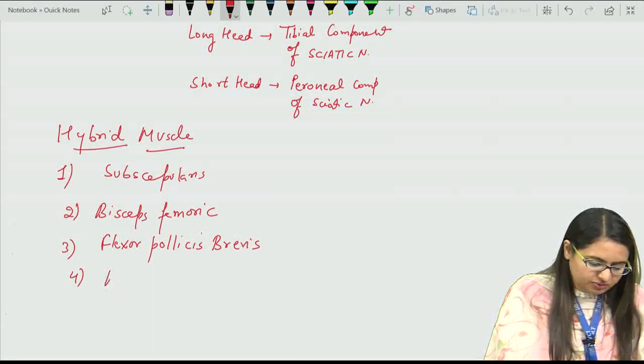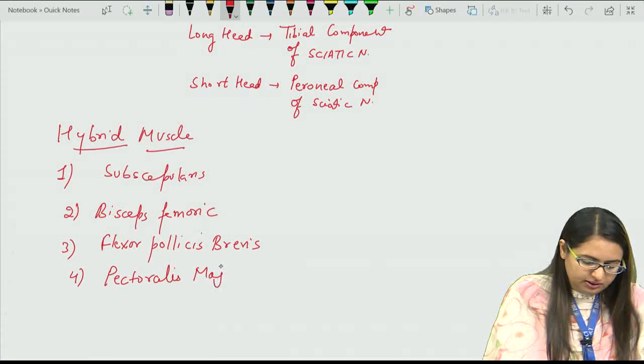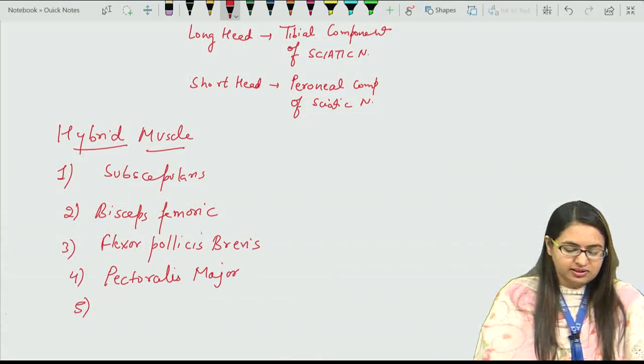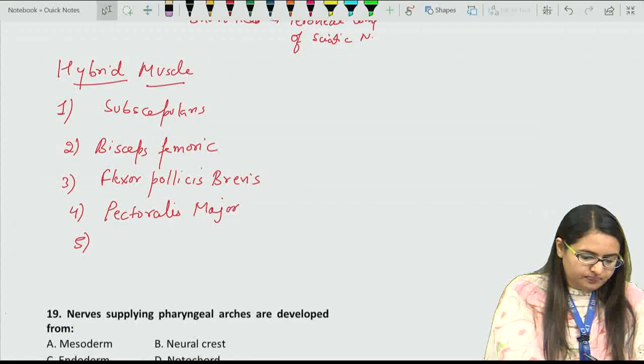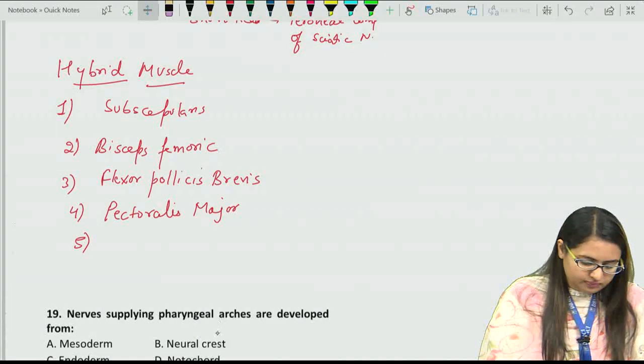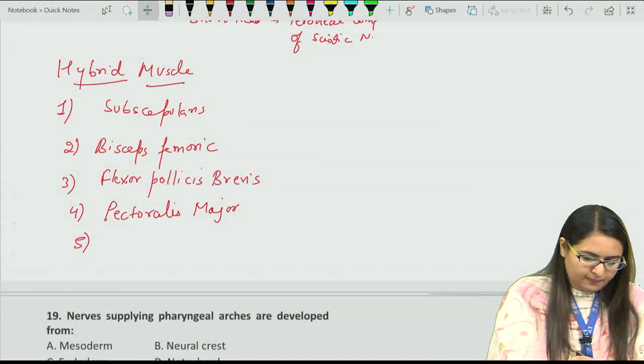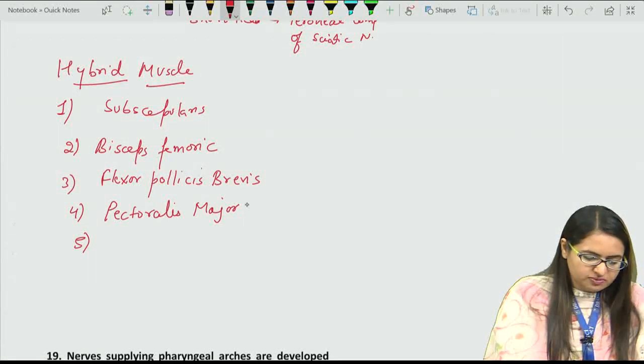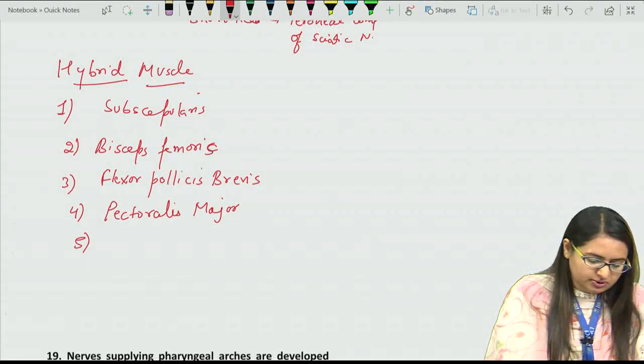Now one more muscle is the pectoralis major muscle. The pectoralis major muscle is supplied by the medial and the lateral pectoral nerves.